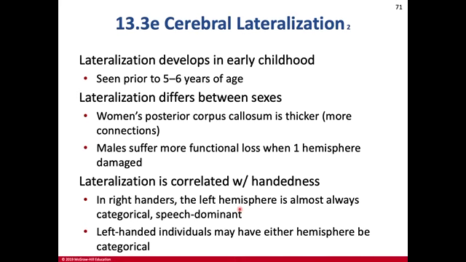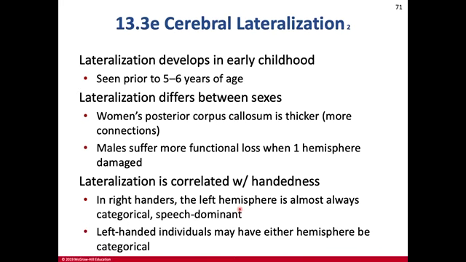Which, incidentally, is different in the two sexes, okay? The corpus callosum is more extensive in females than in males, all right? And that results in differences in the outcome of things like a stroke, okay? So if a man has a stroke in a region of the brain, he's more likely to completely lose a set of functions that he's learned than if a woman has a stroke in the same location, because of the more extensive corpus callosum and the reduction in lateralization of those functions, right?